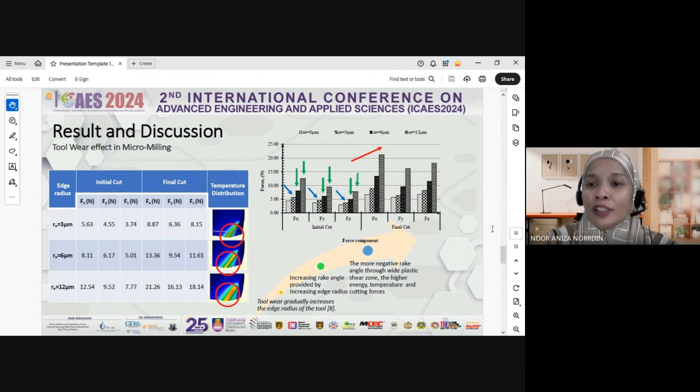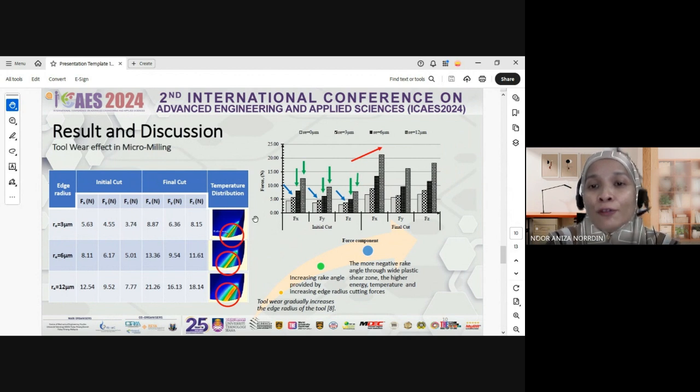Okay, for the tool wear effect in micro milling, the investigation of the tool wear effects in this FE model was conducted in order to demonstrate the actual condition of micro end milling when cutting progresses at several lengths.